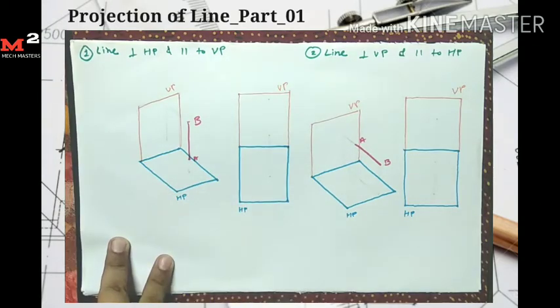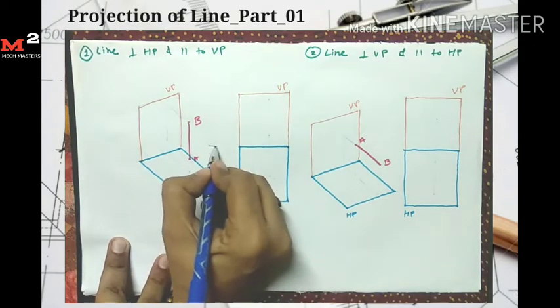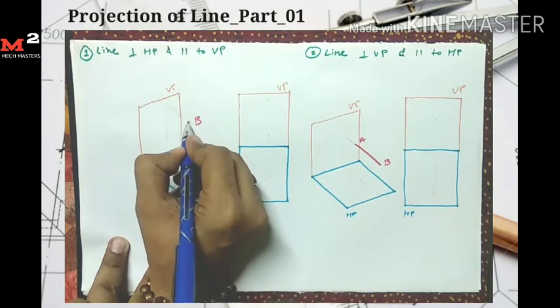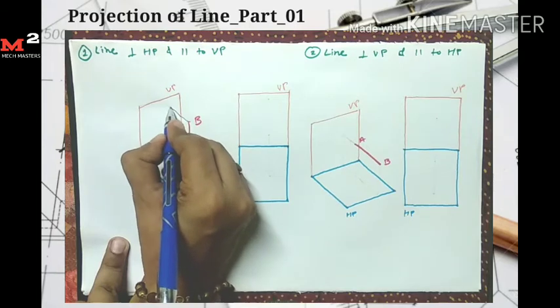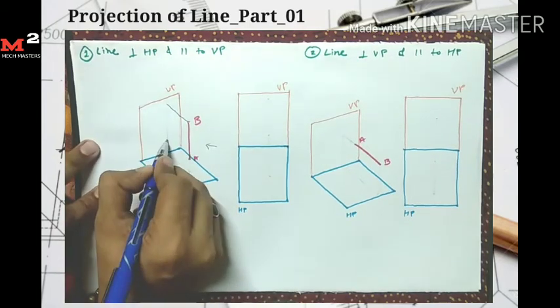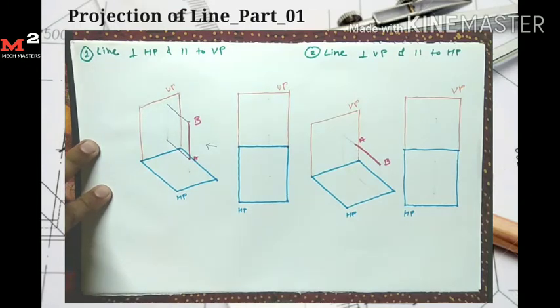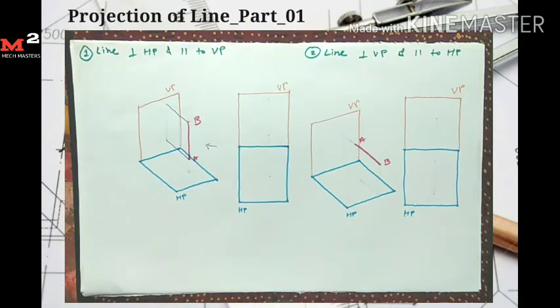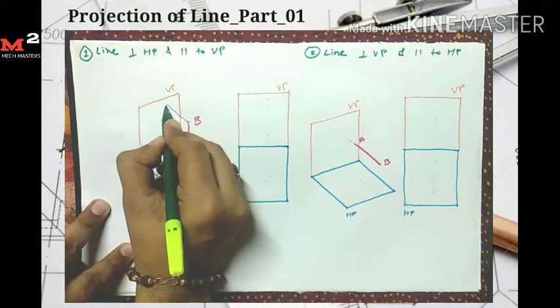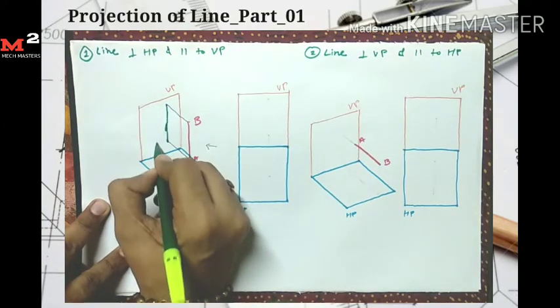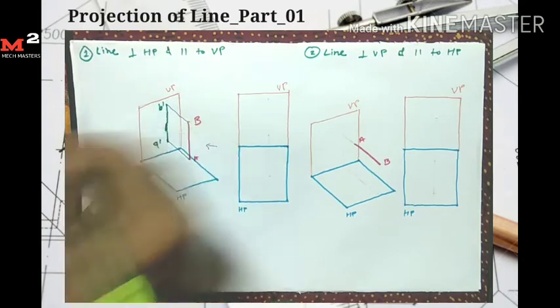Now for drawing the front view of this line, if I see from this side, I get its projection on the vertical plane here. So I get the front view on the vertical plane. For front view I give the name A dash B dash.